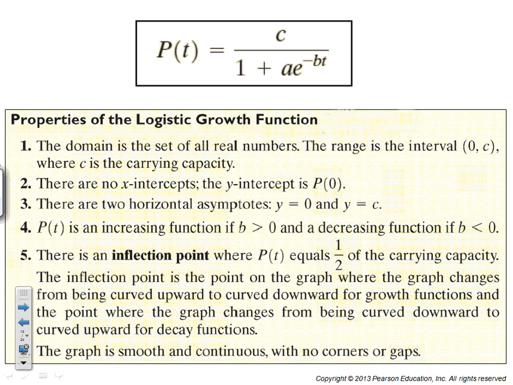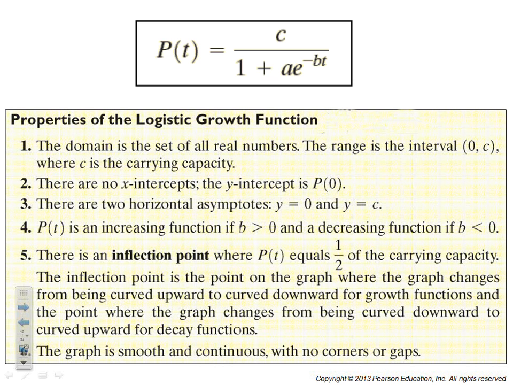So here are the things you need to know. The domain is the set of all real numbers. How come? No square roots, no logarithms. What else do we have to worry about? I can't make the denominator 0 because it's 1 plus something that's exponential. That's always positive. It doesn't have any roots. If you want to find the y-intercept, you simply plug 0 in here.